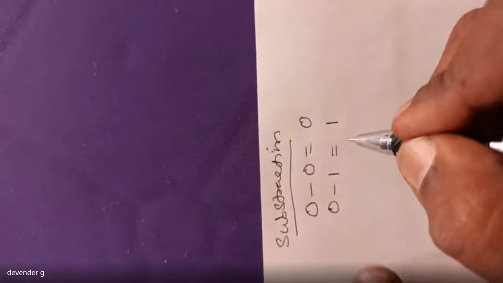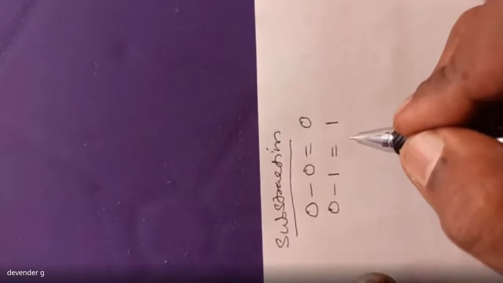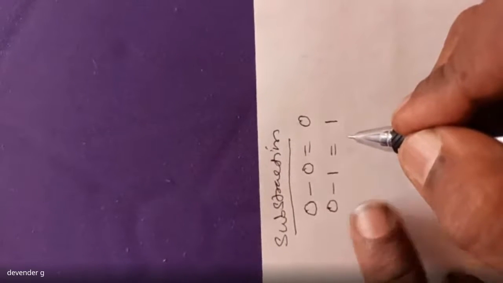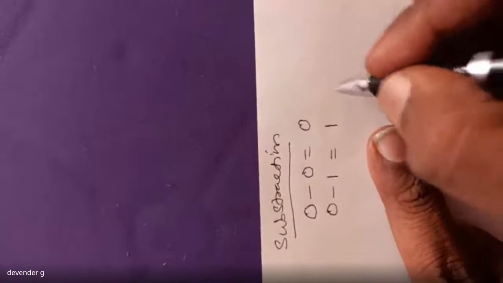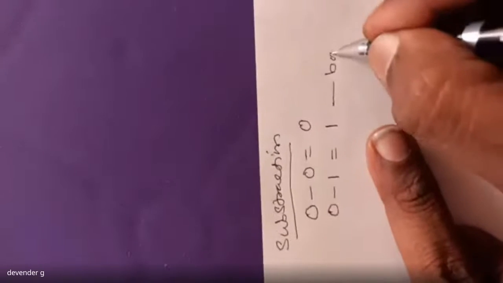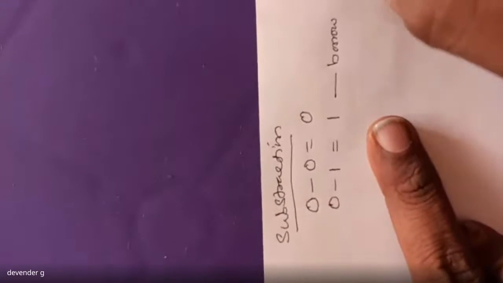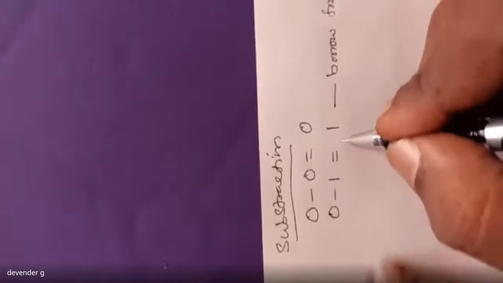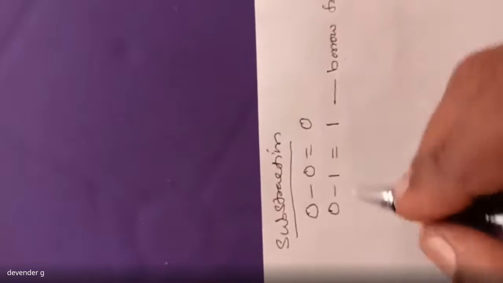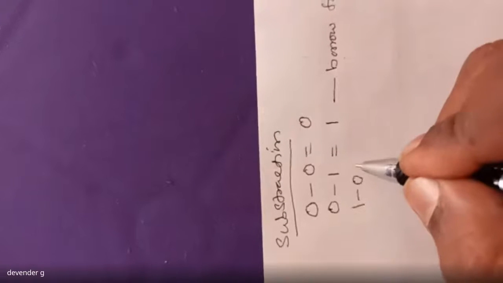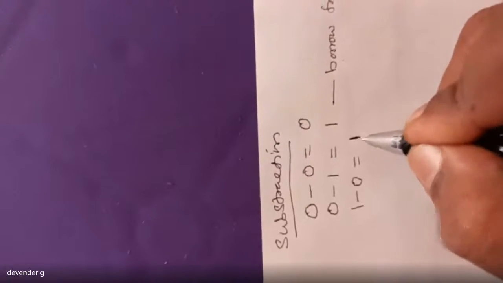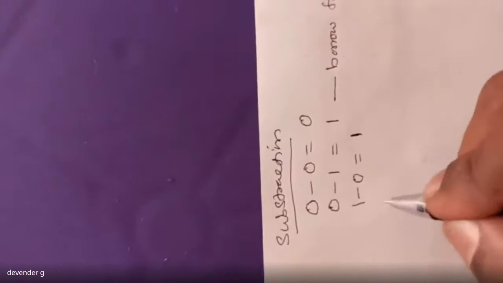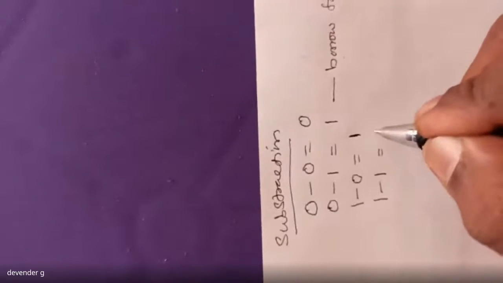If you remember the rule, then no need to worry. So what is happening here? 0 minus 1, we have to take the borrow. From whom? From the next one, whoever is sitting next to it, we have to take the borrow. 1 minus 0 is 1. 1 minus 1 is 0.